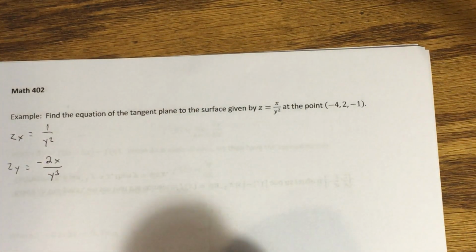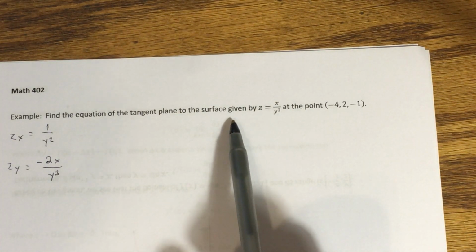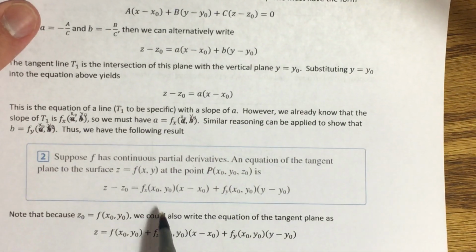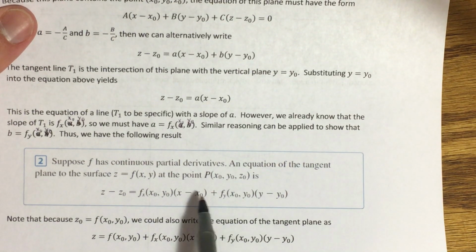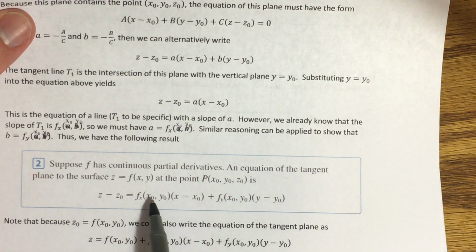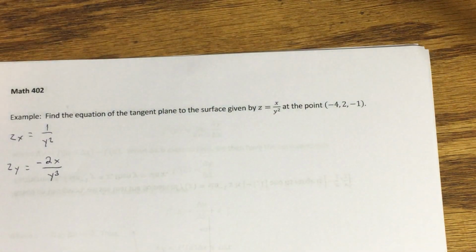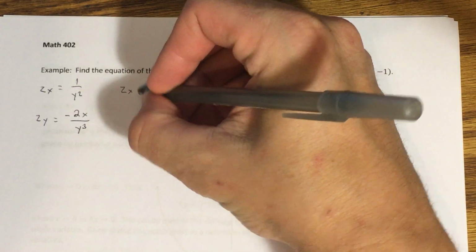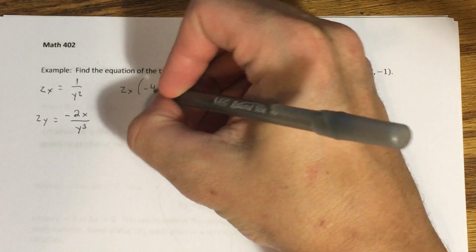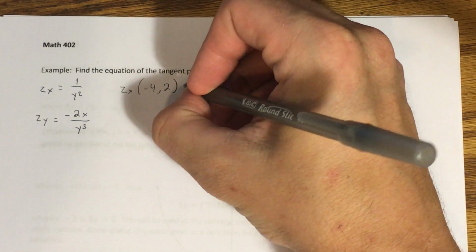Now, we're supposed to evaluate not just zx and zy, but according to the equation of our tangent plane here, which is using fx and fy, we have to plug in the x and y coordinates of the point that we want this tangent plane to appear at. So specifically, I want zx of (-4, 2). And what would that equal?